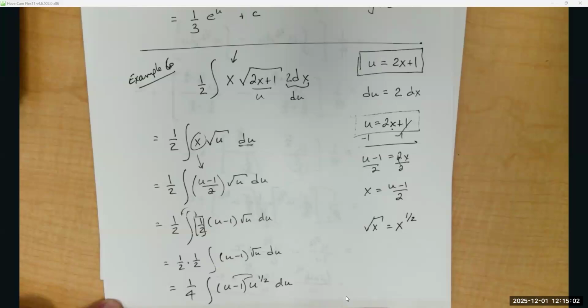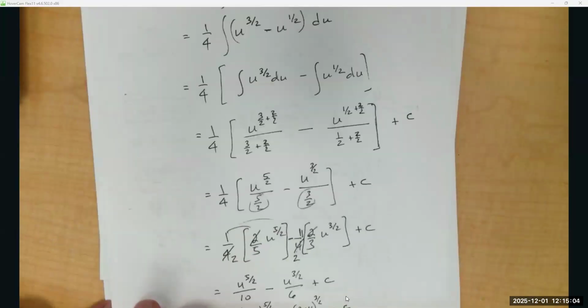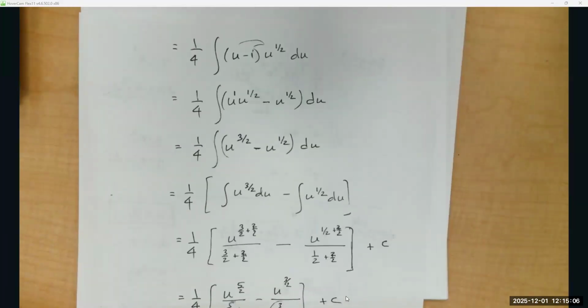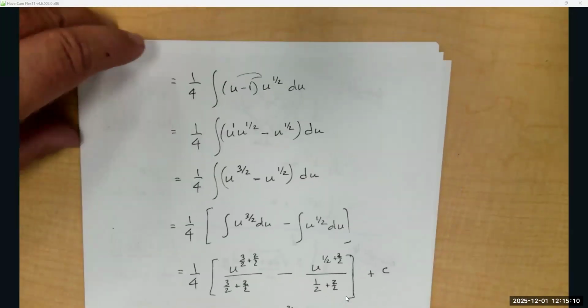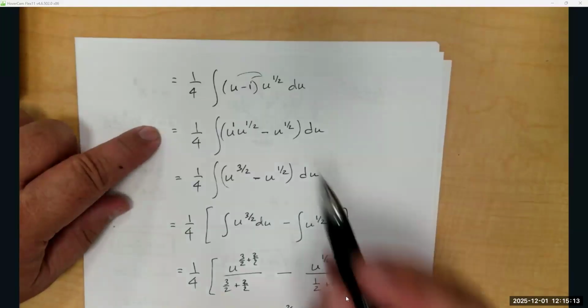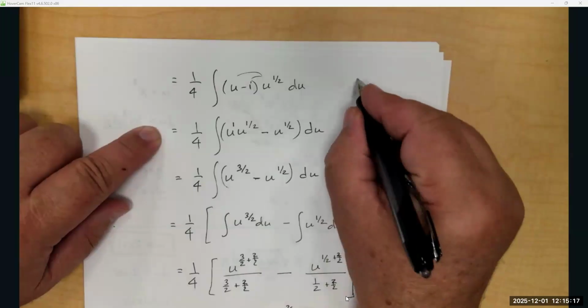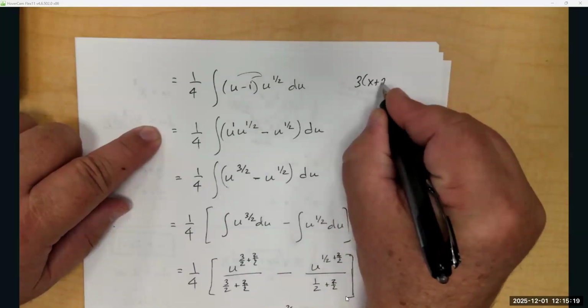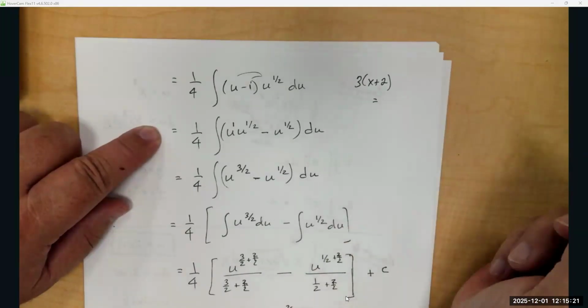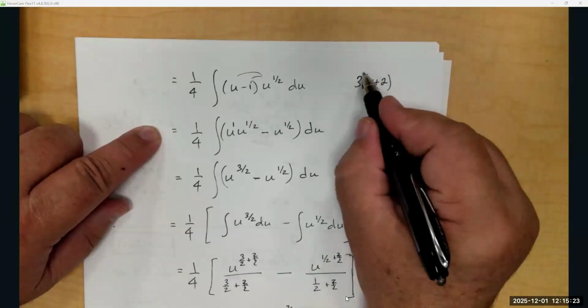How do we go from the top step to the second step? So u to the 1 times u to the 1/2. How do we break down the steps to get to that? Well, what if it's the same as this? If I had that distributivity, what would happen?